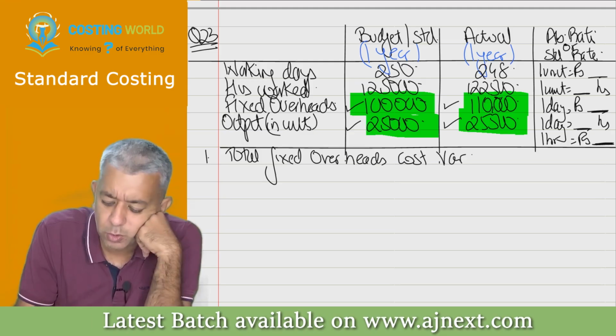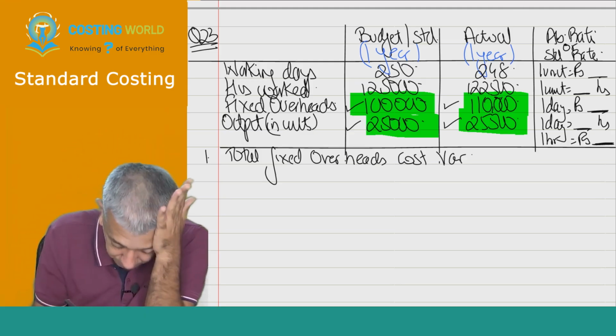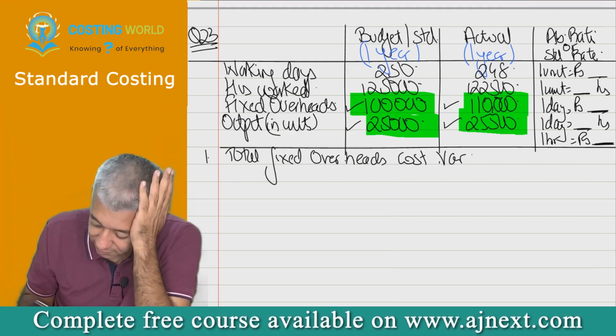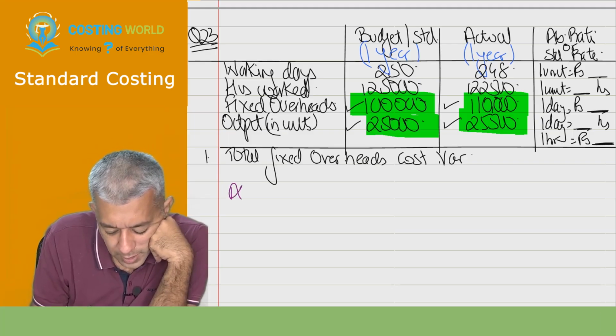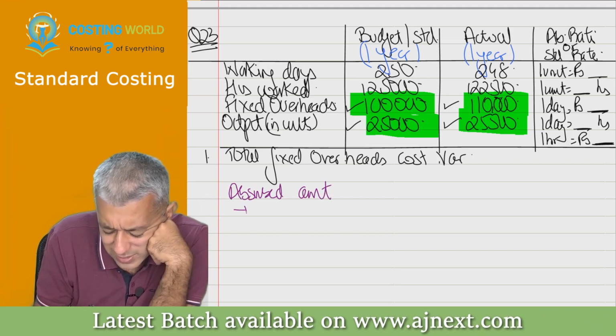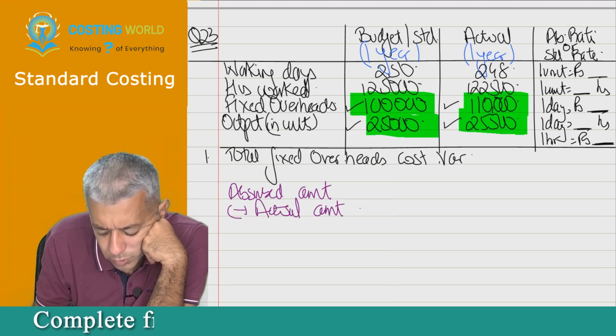For under or over absorption you require two things. Don't write, tell me which are those two things. Under or over absorption is the difference between which two things? Absorbed amount, don't write, and actual amount. This is the last thing that we are doing, so just pay attention. All other things of this question we'll be doing tomorrow.